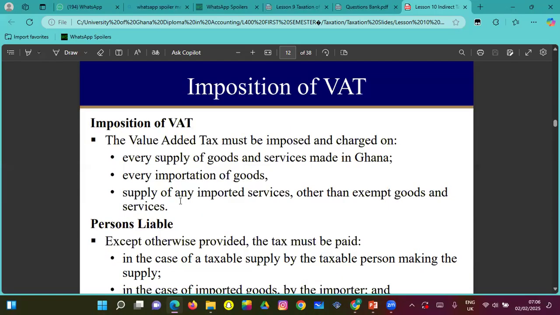Then supply of any imported service other than exempt goods and services. So when we supply any imported goods, we are supposed to add VAT to it.